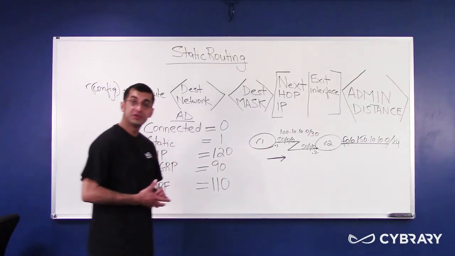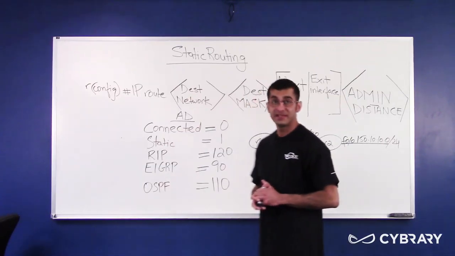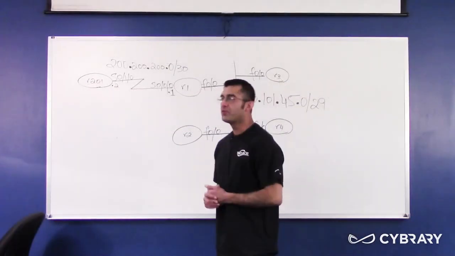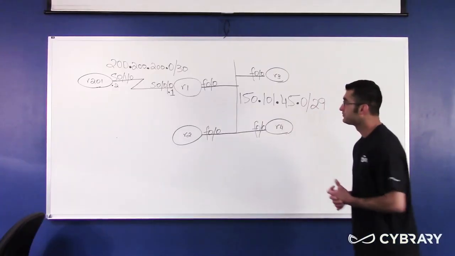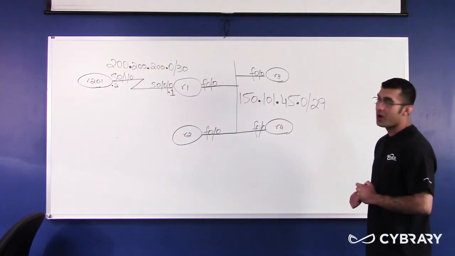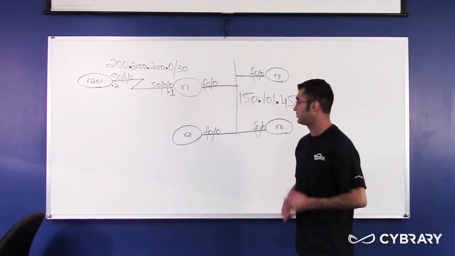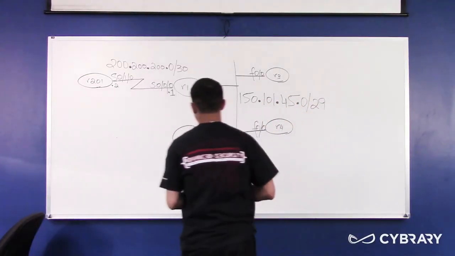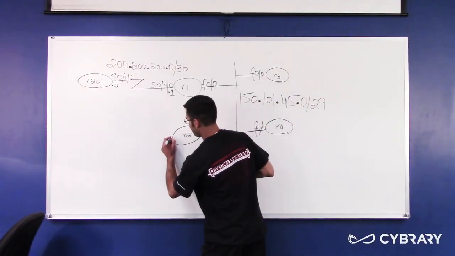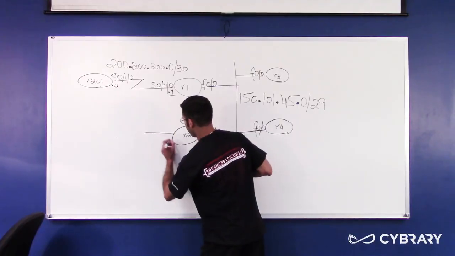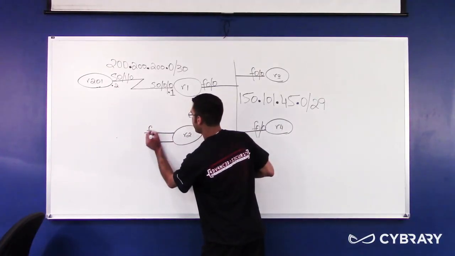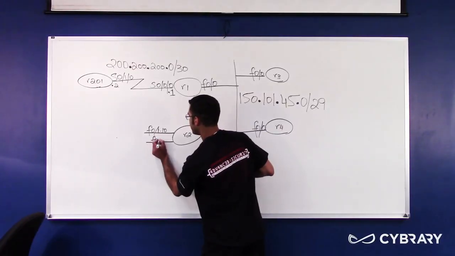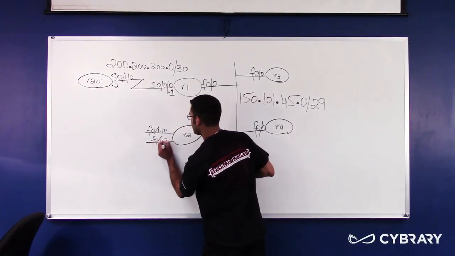So that concludes the command syntax portion of how to create a static route. Before I move on to my static routing lab, I just wanted to draw out the topology that we're using in our lab on the board. I forgot to draw the two sub-interfaces that exist here on router 2. So we have F0/1.10 and F0/1.20.